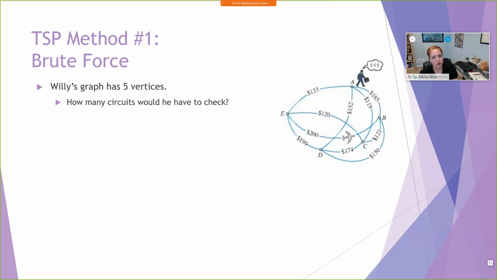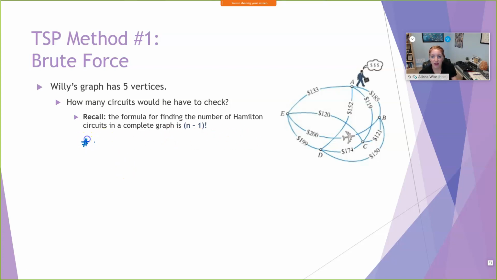The first thing we want to do is remind ourselves how many circuits you'd have to check if you were to do the brute force method. Recall that the number of Hamilton circuits in a complete graph is (n minus 1) factorial.